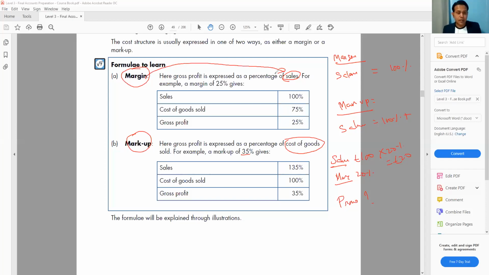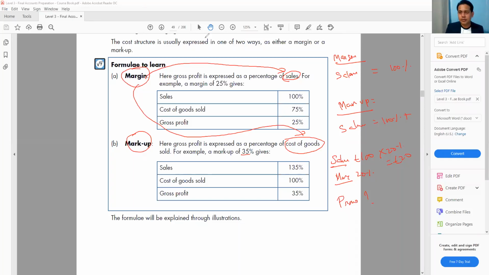But the problem will happen when they give you the margin, but they give you the cost, not the sale. So margin goes with sale, from the same team, but markup and the cost of goods are from the same team. When it is mixed up, you have to change it ourselves.